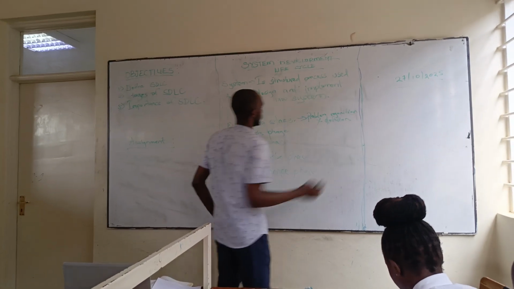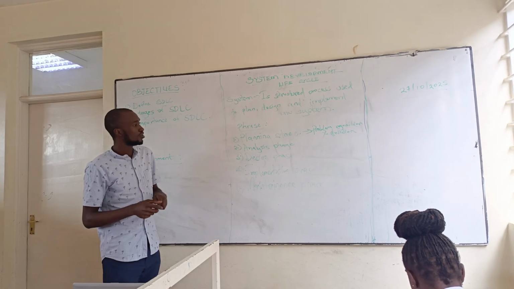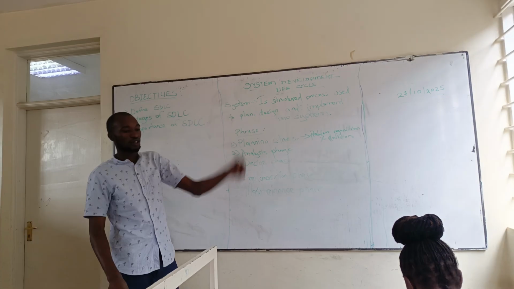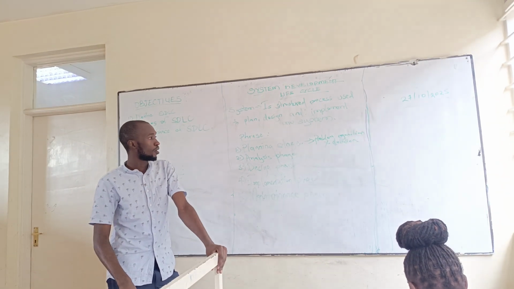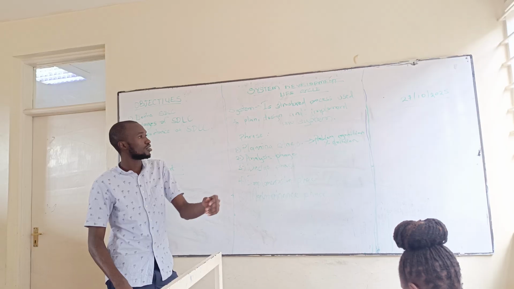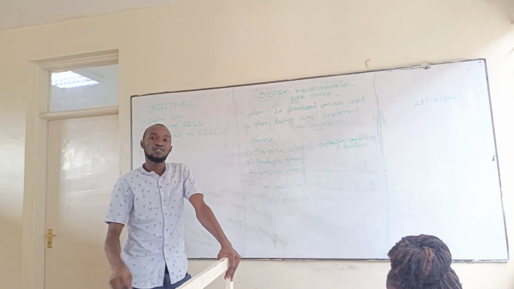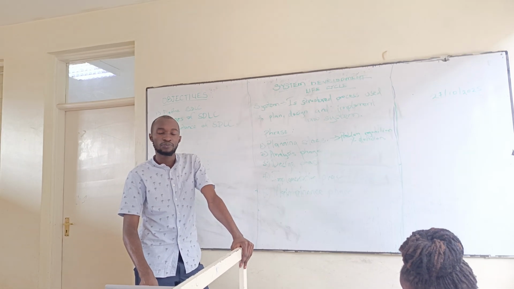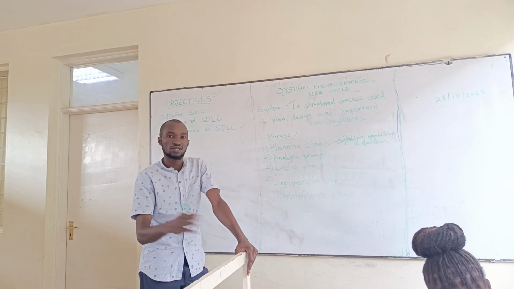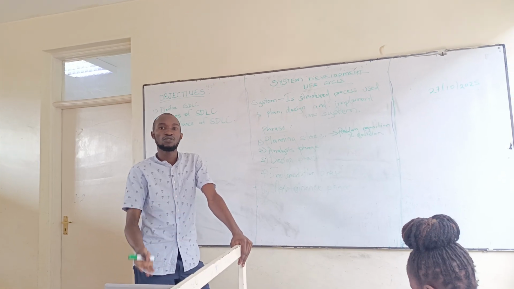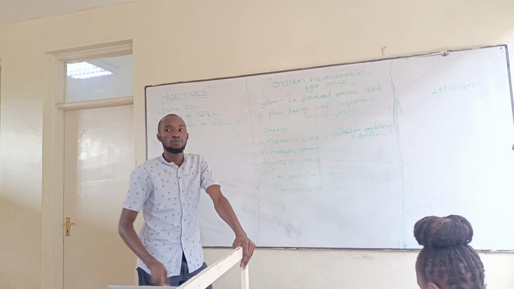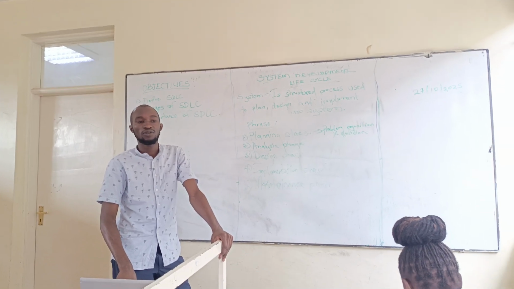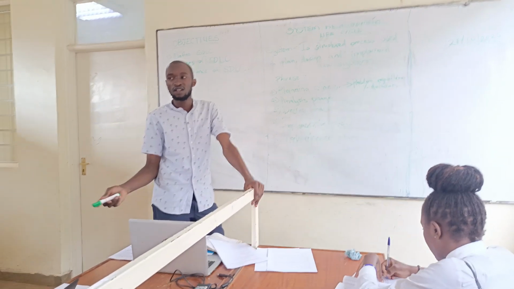This is the main reason for forming a system development life cycle, so let's take an example. Currently, the government introduced a new system in the school system. The 844 system is completely wiped out, isn't it? Currently, we have another system. What system is it called? CBC.